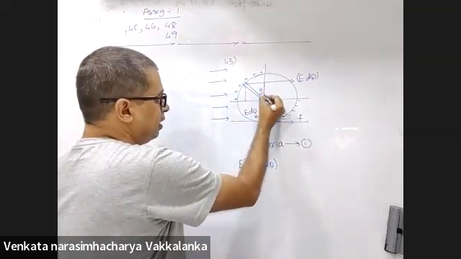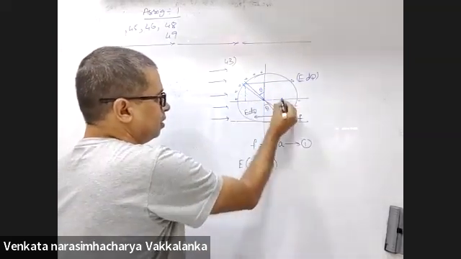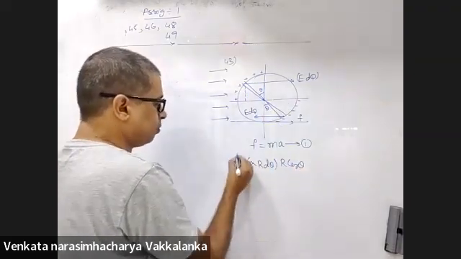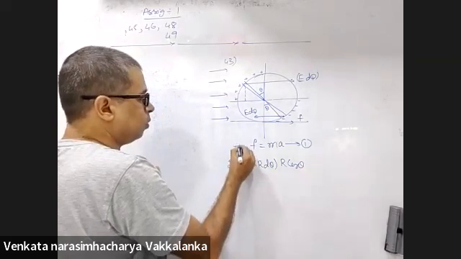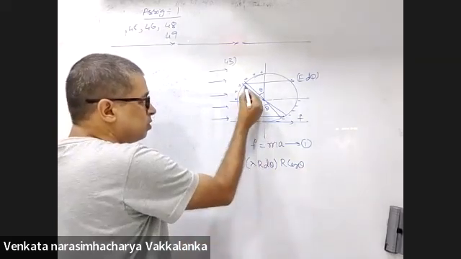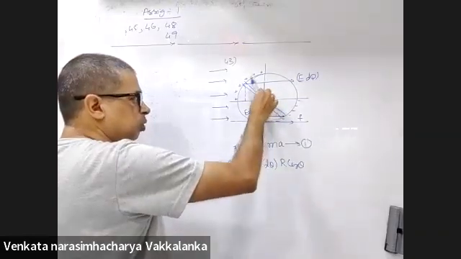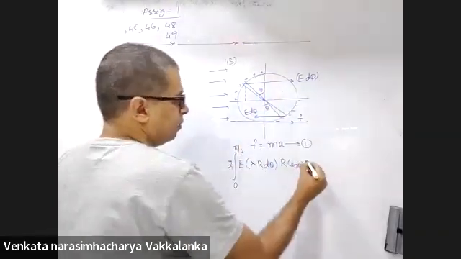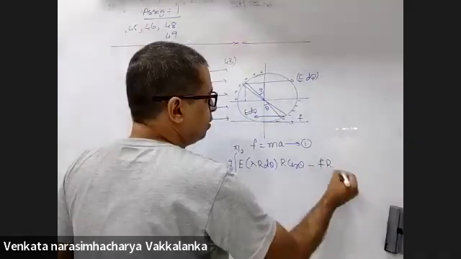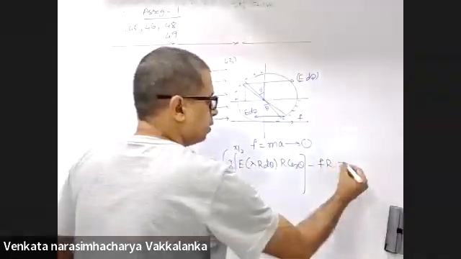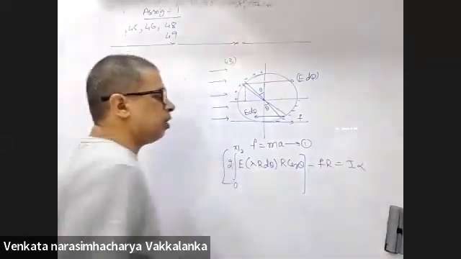The perpendicular distance will be r cos theta, 2 times 0 to pi by 2. Why 2 times? This distance is r cos theta. Because of this also torque will add up. Both are giving me clockwise torque. Minus F into R. F into R gives me anti-clockwise torque. Should be equal to I into alpha.